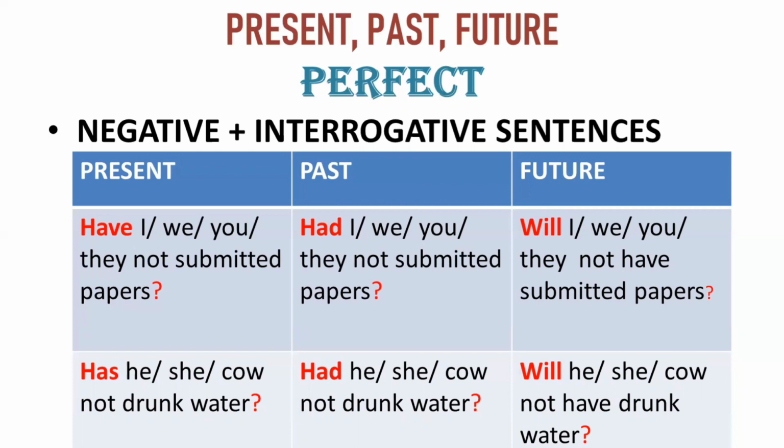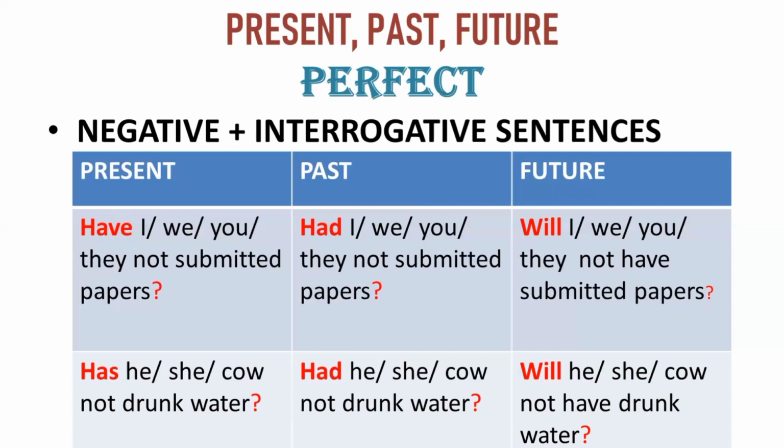Like in the present, the sentence was, I have not submitted papers. This was negative. So from this negative, we have just taken have and moved it to the initial position, and it becomes, have I not submitted papers. Similarly, the other sentence becomes, has she not drunk water?